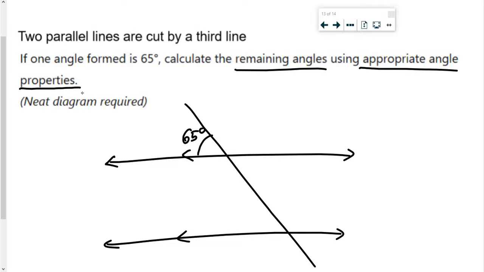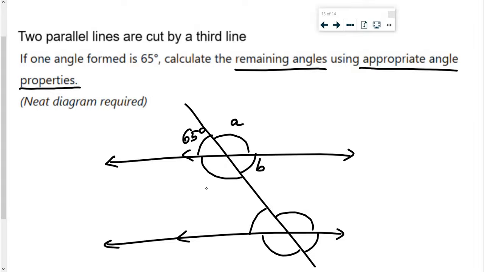How many angles are remaining here? Who can guess? We have a total of 7 other angles. So we have to calculate them. The first angle, 1, 2, 3, 4, 5, 6, 7 angles. So we have to find them. How do we find them? First, let us do labeling.